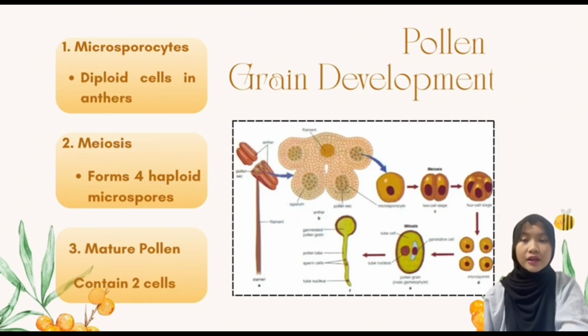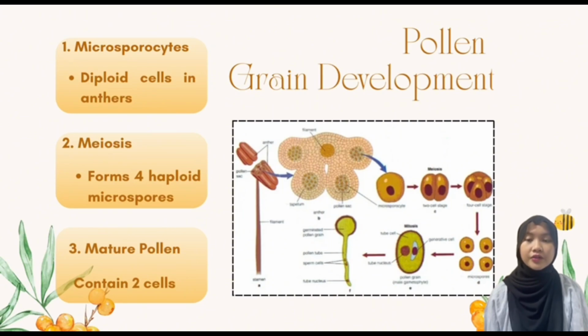This takes place in the anthers of the flower. First, microsporocytes, which are diploid cells, undergo meiosis. This process produces 4 haploid microspores. These microspores then mature into pollen grains. A mature pollen grain consists of a generative cell, which divides to form 2 sperm cells.